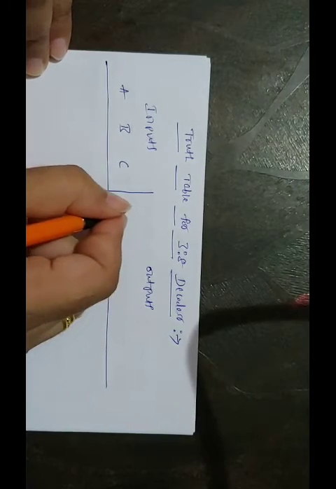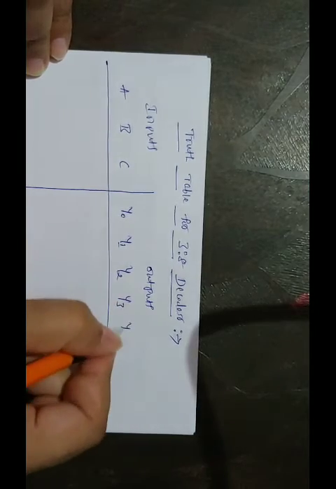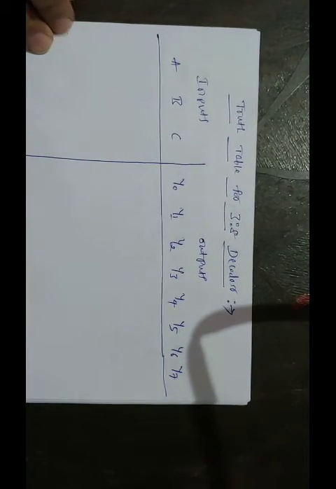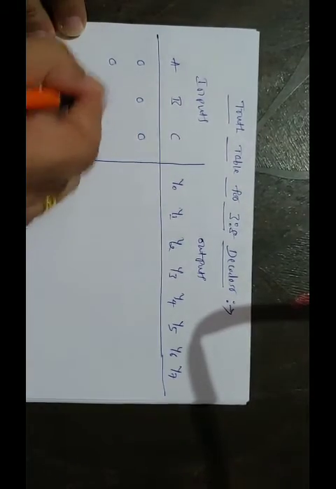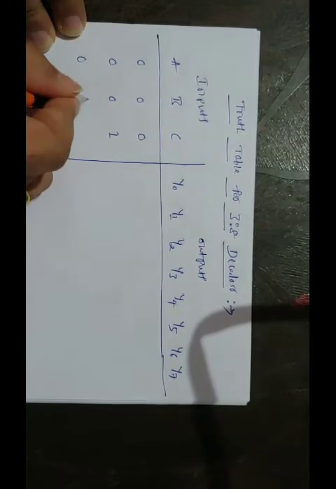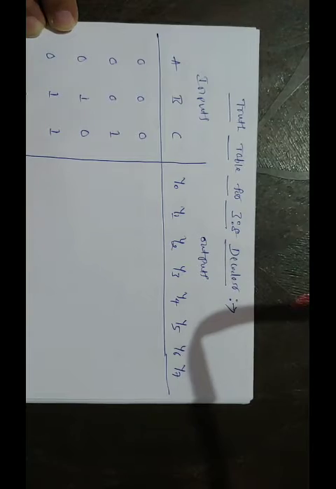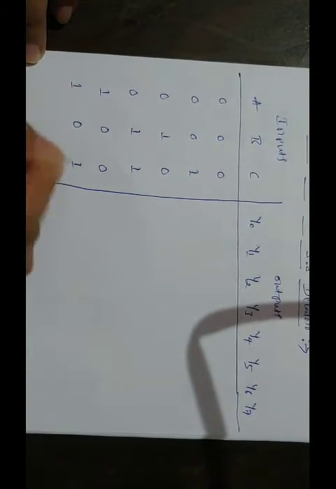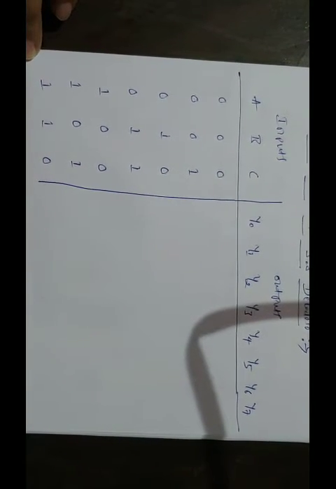In total there are 8 output lines: y0, y1, y2, y3, y4, y5, y6, y7. Now write the different combinations here: 0 0 0, 0 0 1, 0 1 0, 0 1 1, 1 0 0, then 1 0 1, 1 1 0, 1 1 1.